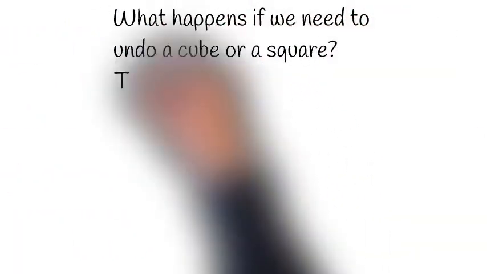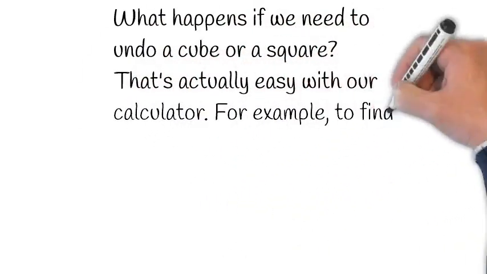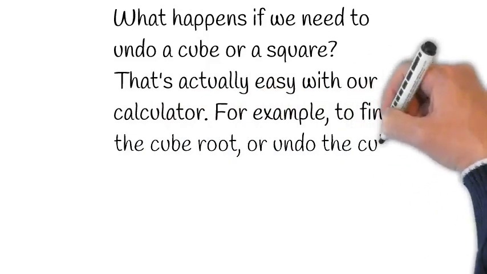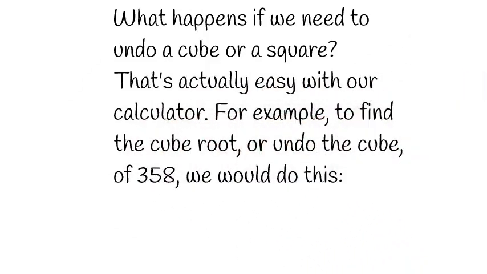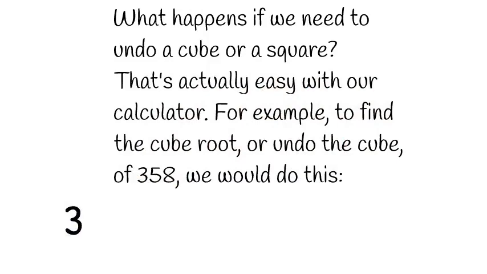What happens if we need to undo a cube or a square? That's actually easy with our calculator. For example, to find the cube root or undo the cube of 358, we would do this. We do a 3 because that's the cube. Next, we push the second button because we want to undo.